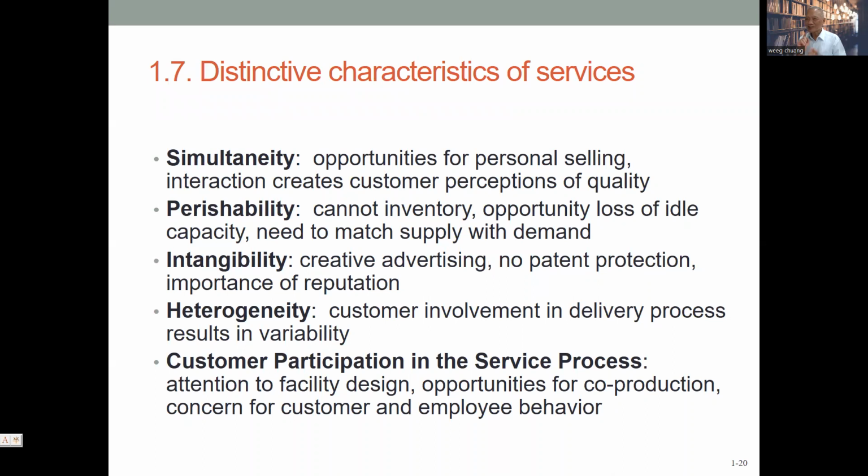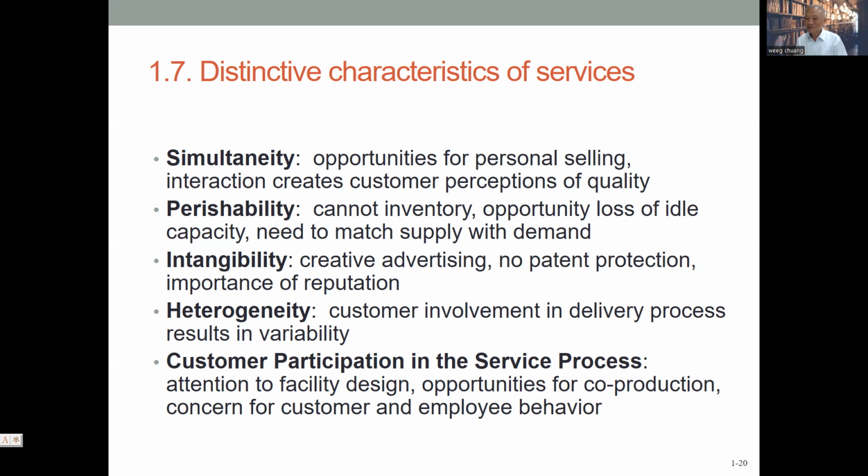So simultaneity means the production and the consumption of service are at the same time. So the service provider and the customer need to work together at the same time to perform the services.